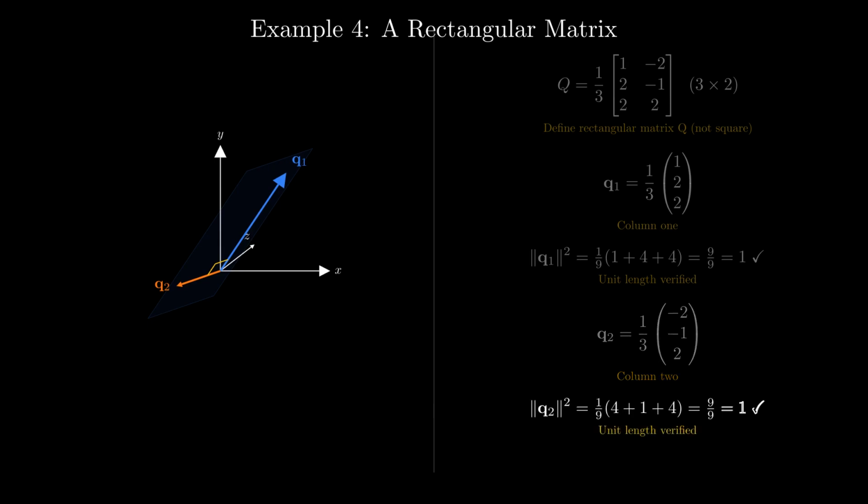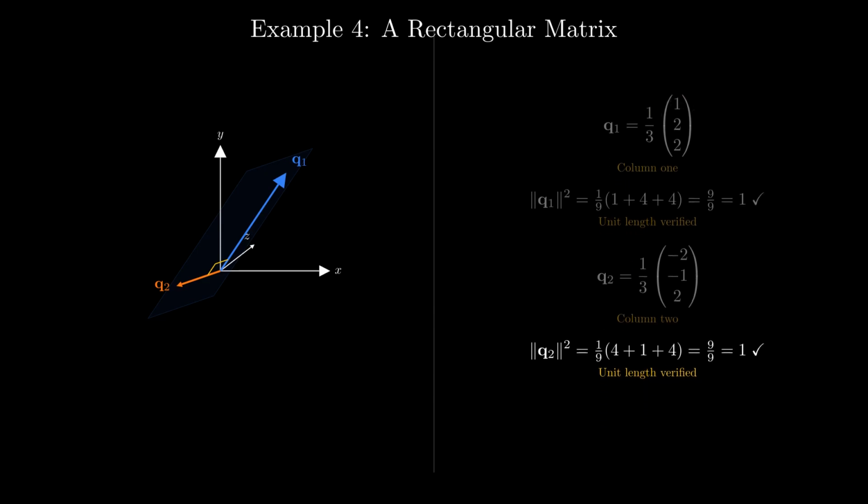Its length squared is 1/9 times the quantity 4 plus 1 plus 4, which also equals 9/9 equals 1. So column 2 is also a unit vector. Now let's check orthogonality. The dot product of the two columns is 1/9 times the quantity -2 minus 2 plus 4, which equals 0. So the columns are orthonormal.